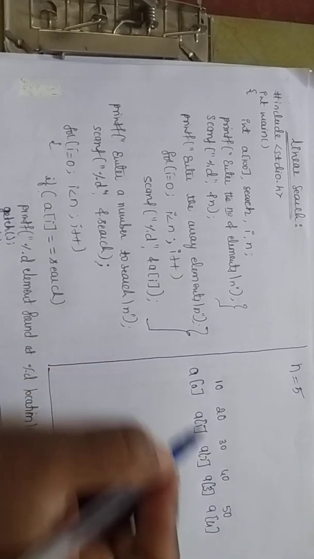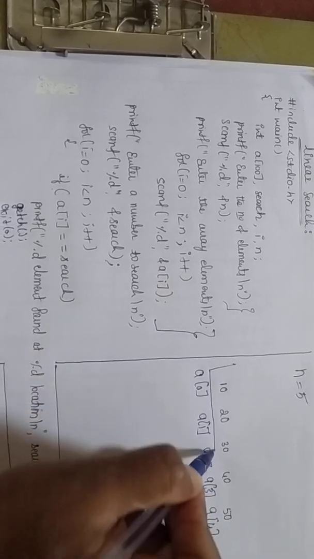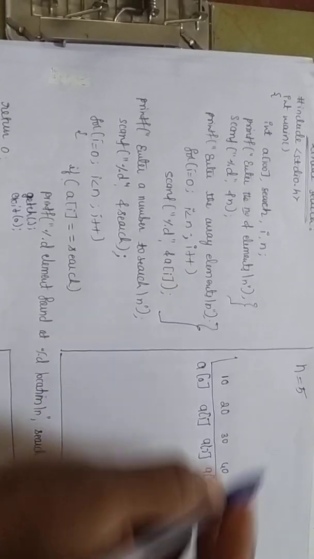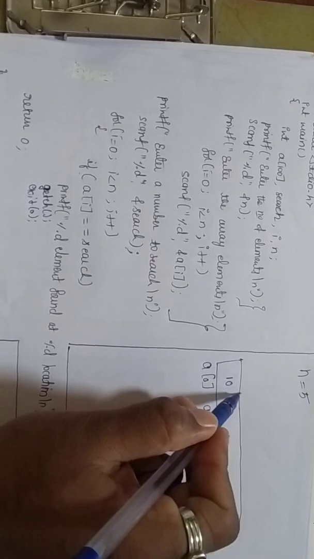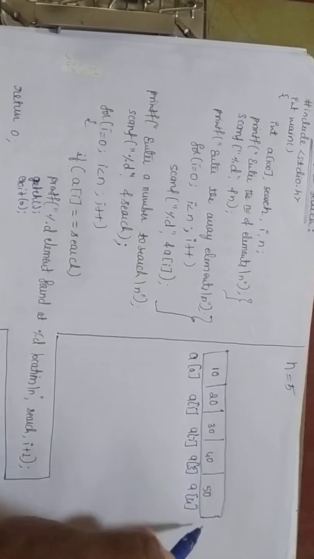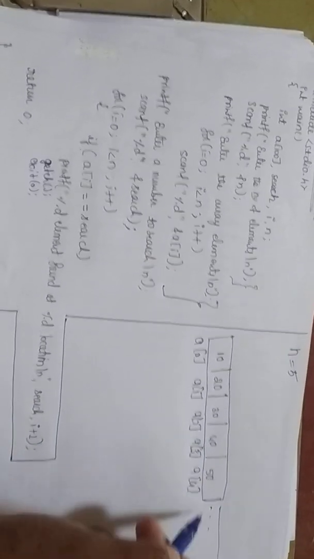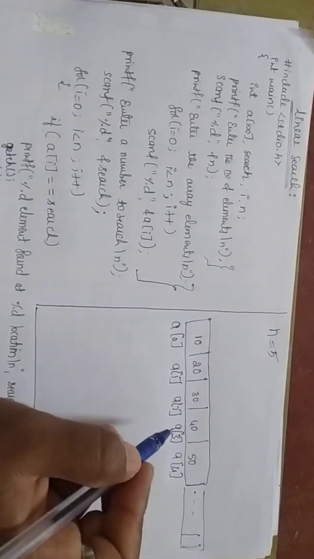See 0 to 4, 5 elements. Okay? So this is the array. You can write it horizontally or vertically. So 5 locations, but here the array is up to 100. I am not utilizing all 100 locations. Okay now, I am using only 5.